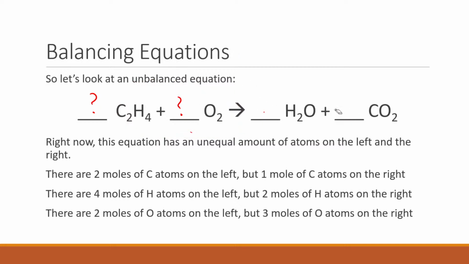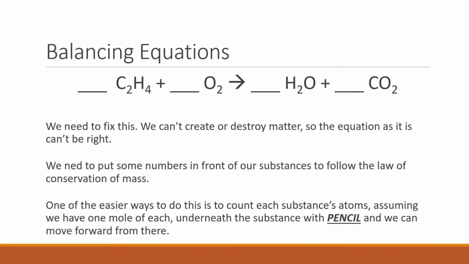And now, how do we do that the most effective way, right? What do we need to do to make this efficiently balanced? The way I like to do it is I like to write what is in each thing with pencil underneath and then update that number as we balance.